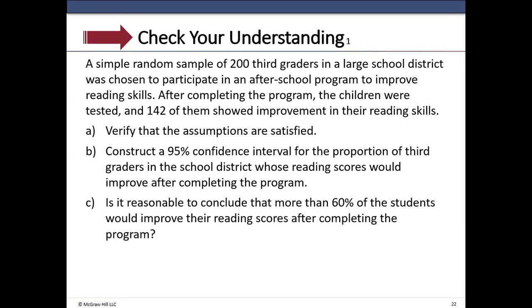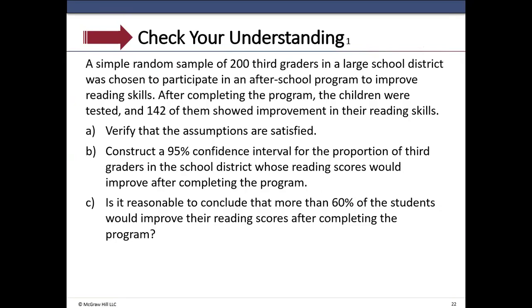Alpha is 1 minus 0.95, 0.05. Alpha by 2 in the left tail means 0.05 divided by 2, 0.025. If you do second, vars, invNorm, with area in the left tail 0.025, mean 0, standard deviation 1, you will find the critical value for 95% confidence, area in the center, is 1.96.